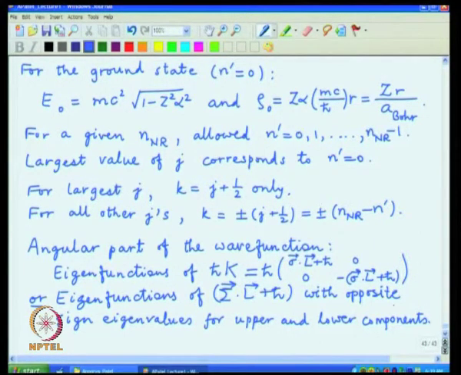So, now we have to find the eigenstates of this particular operator sigma dot L. It is easy to do in the non-relativistic language. We know sigma represents a spin half, L represents the spherical harmonics, and this operator combines the two things together.